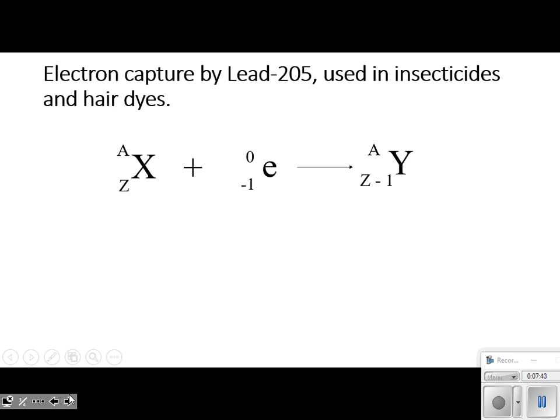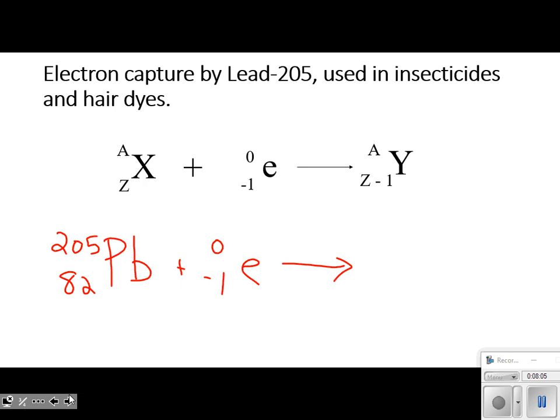So once again, lead. Lead is Pb. 205 is my mass number. My atomic number for lead is 82. When I capture that electron, it'll give me that same 205 because my A doesn't change. 82 minus 1 is 81.